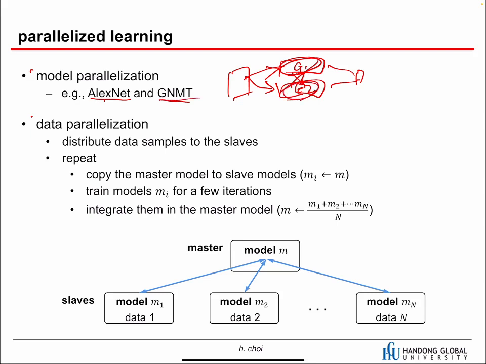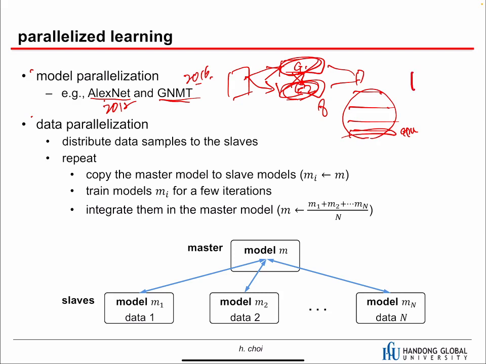Okay, and then in Google NMT, there were a lot of layers. This one was 2016. This one is 2012, I guess. In 2016, they used many RNN layers. When they had 8 layers for the encoder, each layer was done by one GPU, so they used 8 GPUs to process the encoder architecture.